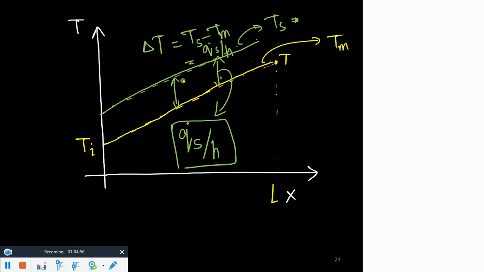So if I can plot like this, at any point, this value remains the same, isn't it? This gap remains to be the same. Why? Because q dot s over h is same. Now, if it maintains the same gap all along the length of the pipe, what does that mean? They are increasing in a similar fashion, isn't it? Do you agree? So let's move on.